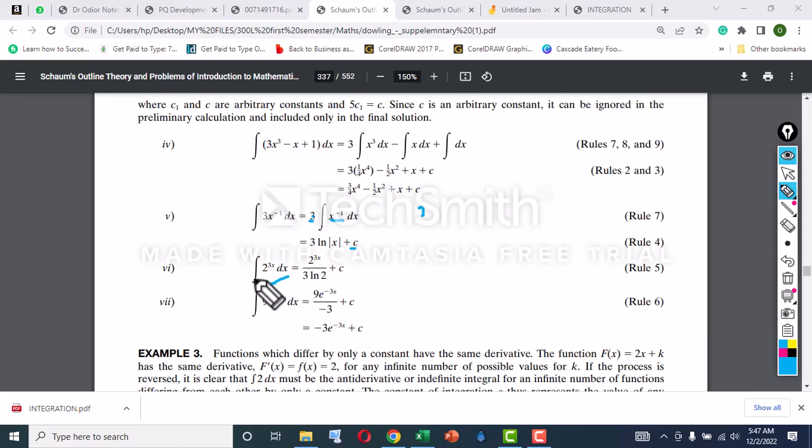You're integrating this. This is the rule that I mentioned just now, the 10th rule that I did not include in that particular slide I showed earlier. So this is actually you integrating 2 raised to power 3x.